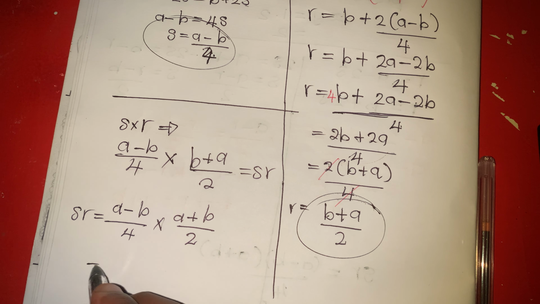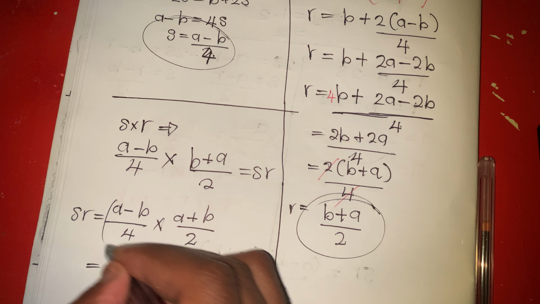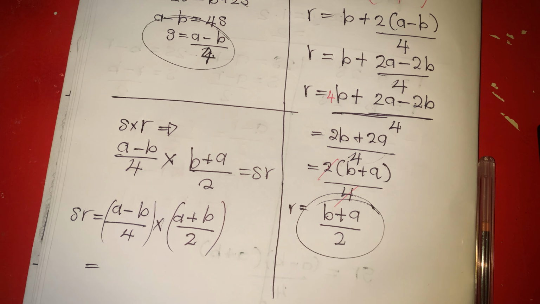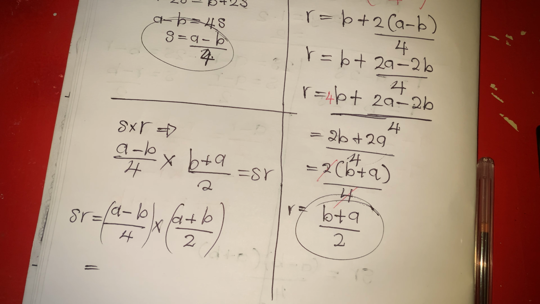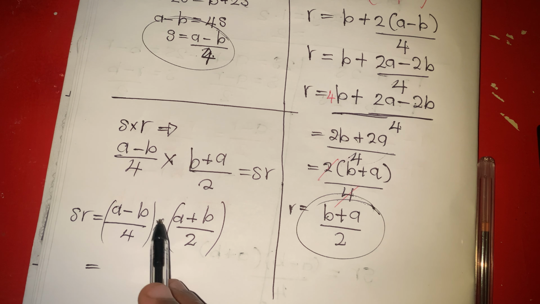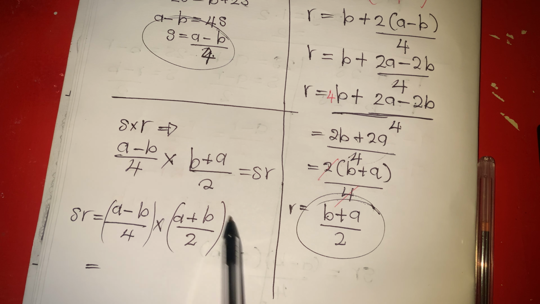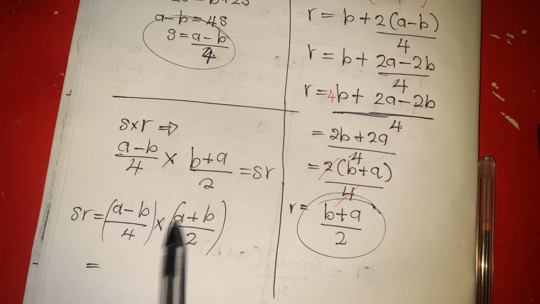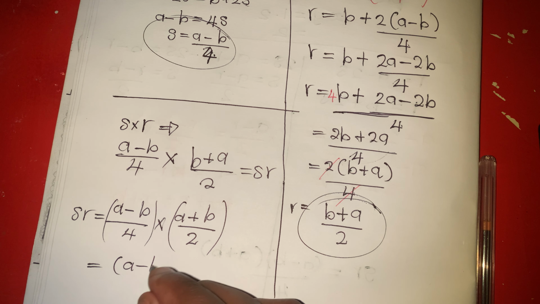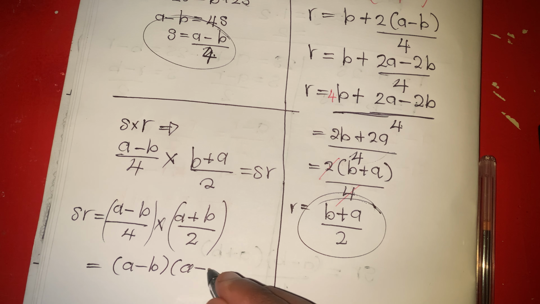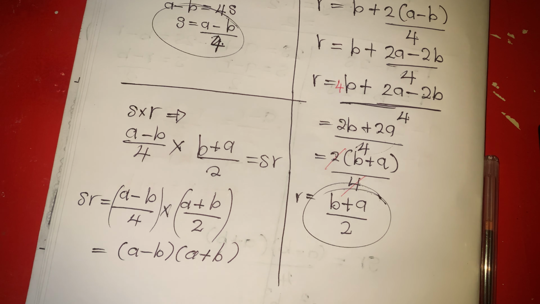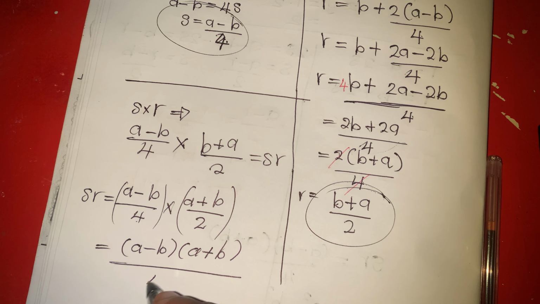Now you multiply this with this. Since it is multiplying and they're both brackets, you can just multiply. Looking at these, a minus b, you can see that they are the difference of two squares, and 4 multiplied by 2.